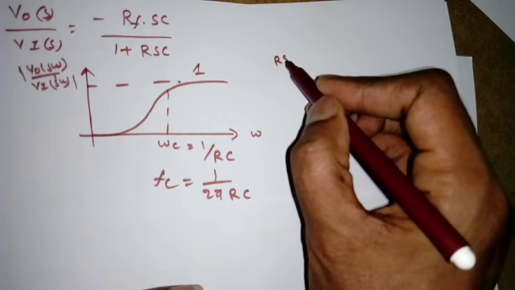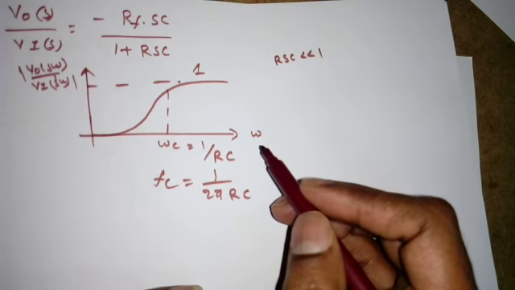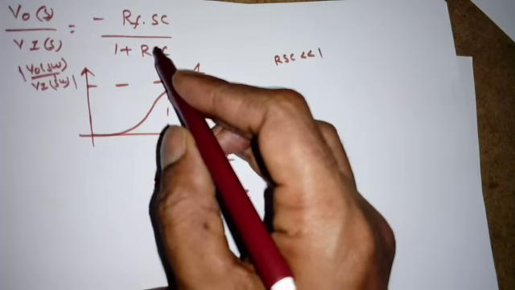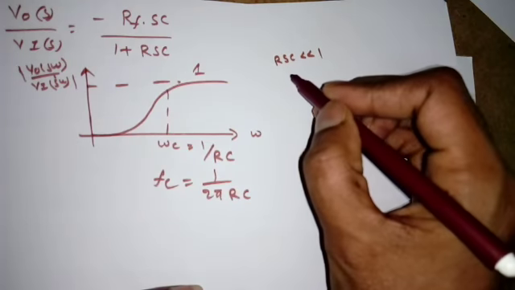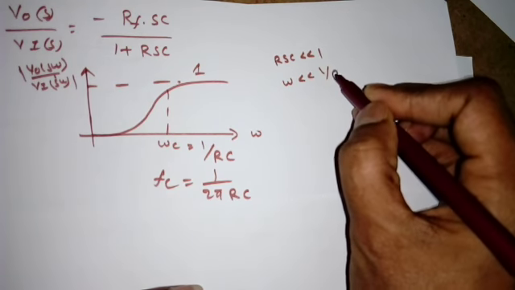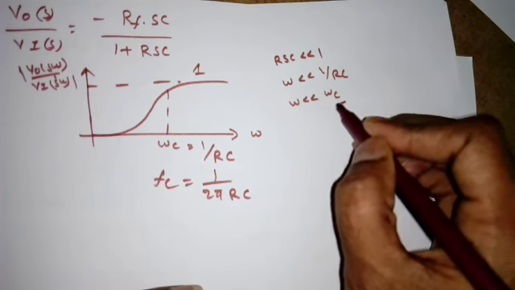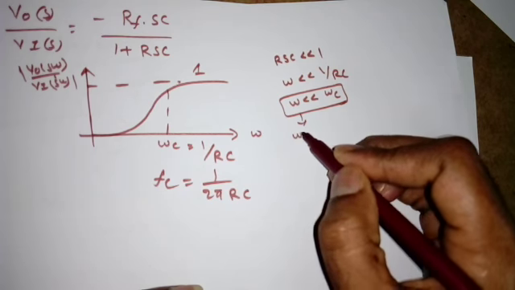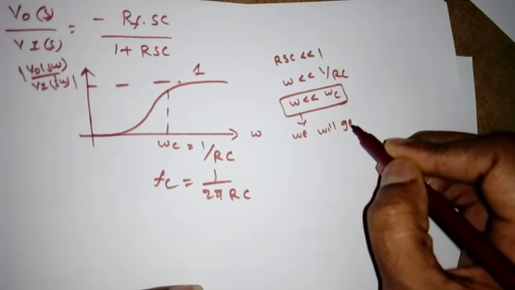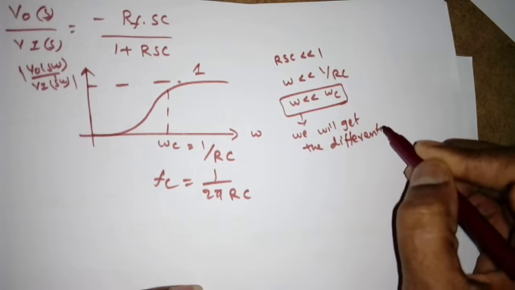Here RSC should be very much less than 1, so that RSC will be eliminated. So omega should be less than 1 by RC. That means when the frequency is very much less than the cutoff frequency, we will get the differentiation. This is a very important point.